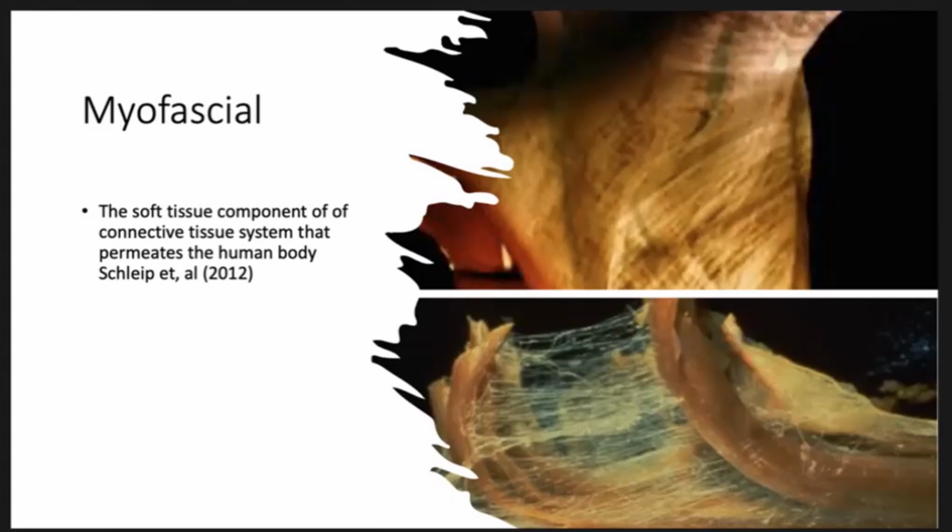But the definition is the soft tissue component of the connective tissue system that permeates the human body. So that's something that is so integrated and so abundant and so much everywhere within our body, like that extra space, like that third space, which it just fills in and it has a relationship to everything else.